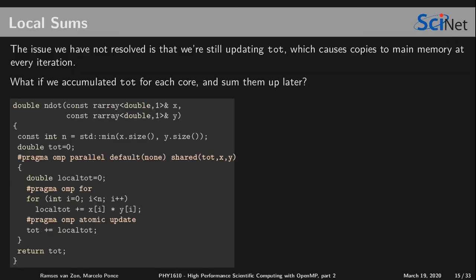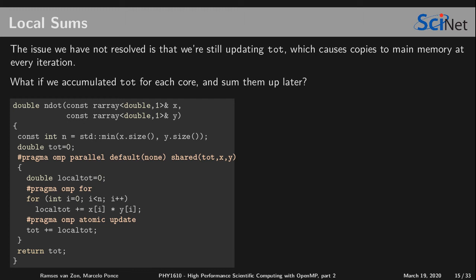To get around that, a common technique is to say, well, there's no reason to know the value of TOT that each thread tries to access before we're all done. Each of the threads could update its own variable TOT, and then at the end we'll add all of those local copies.